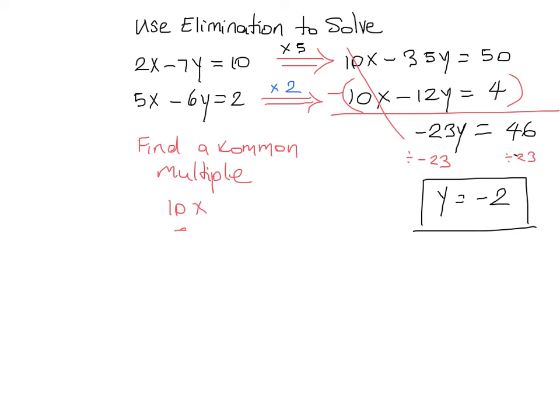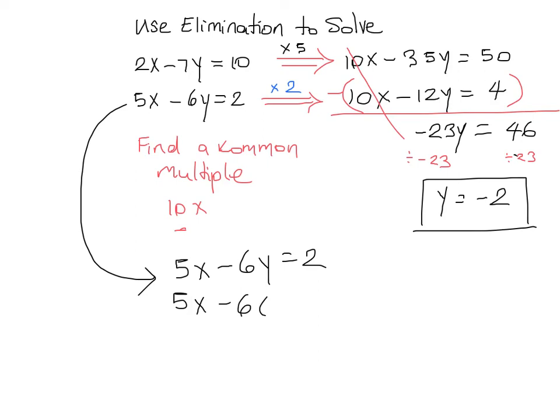Time to find the other. I'm going to work with this equation, but it doesn't matter which one you work with. Both of them should help to give you our x value. So our equation says that 5x minus 6y is equal to 2. So 5x, we don't know what x is yet, minus 6 times negative 2 is equal to 2.